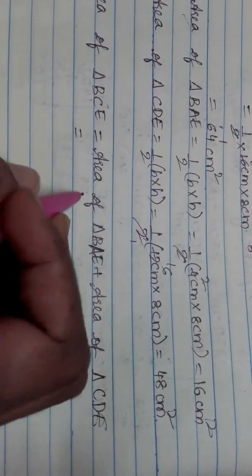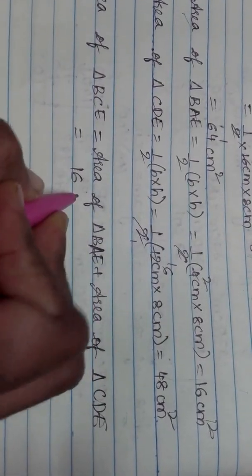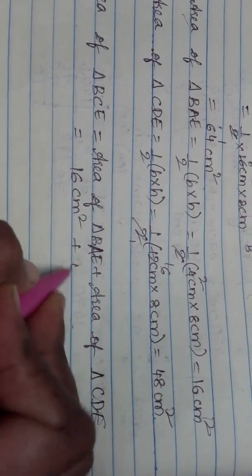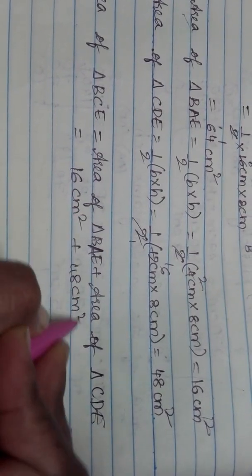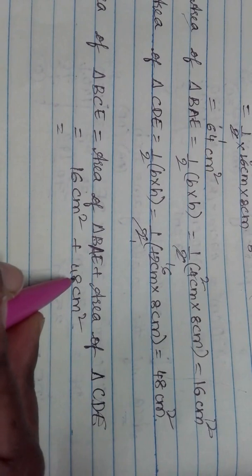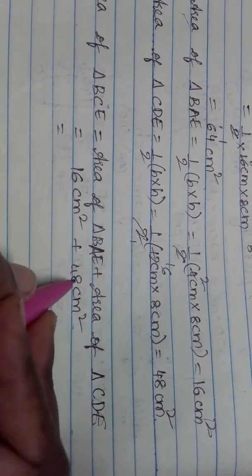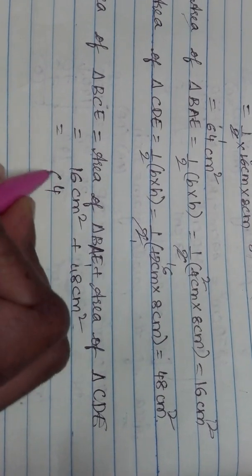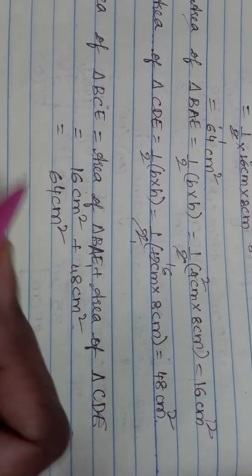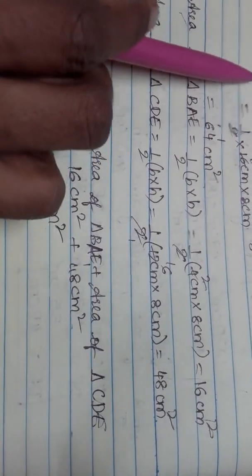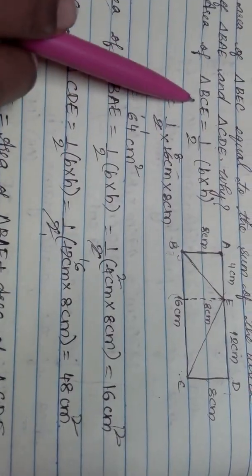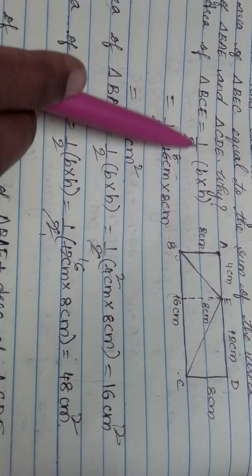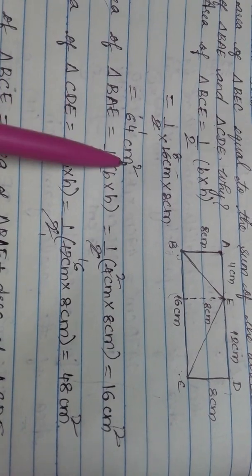So let's substitute the values. This is 16 centimeter square plus 48 centimeter square. If you add, 6 plus 8 is 14, 4 plus 1 is 5, 5 plus 1 is 6, so 64 centimeter square. So here you can see that the area of triangle BCE, you got it as 64 centimeters.